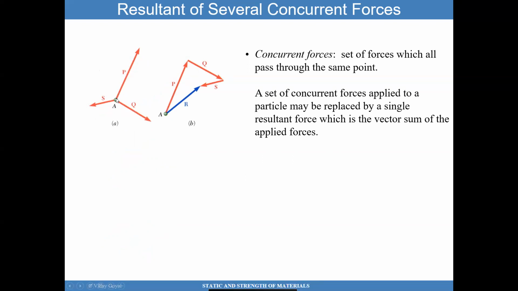In fact, you could add them up to get a resultant force R. So for example, this vector Q is this one, this vector P is this one, this vector S is this one. And so when I take these three vectors and add them up, I get a resultant vector that goes from point A to this point.